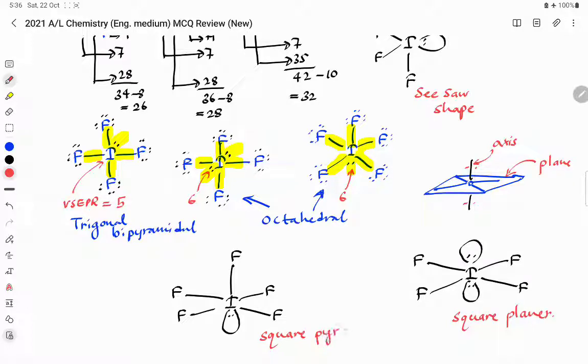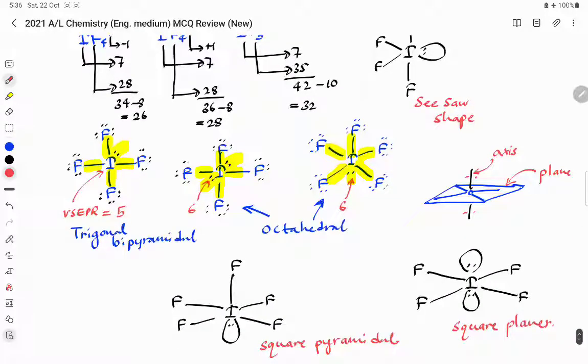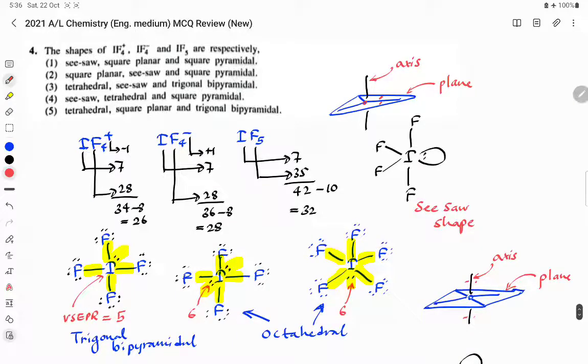Alright, now we have the shapes. It's seesaw, square planar, square pyramidal. So the answer for the 4th question will be the first one. Let's go to the next question.